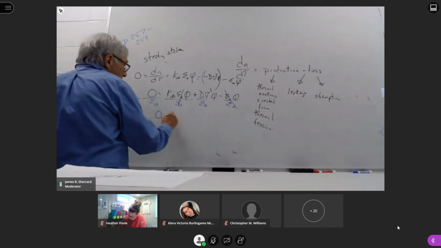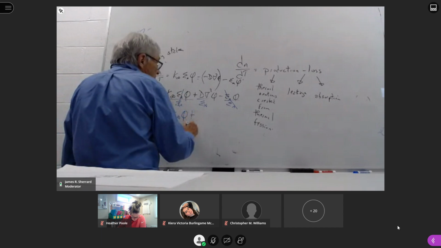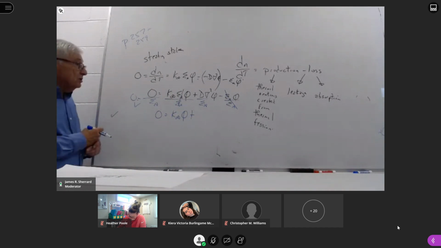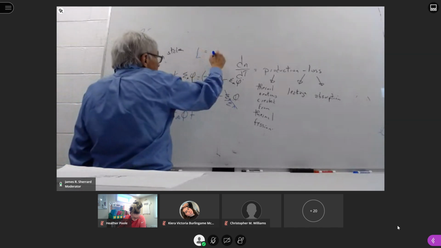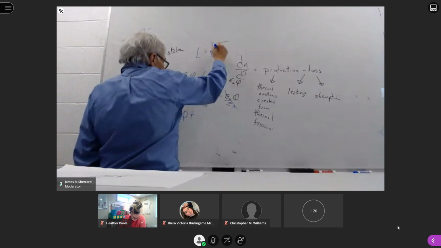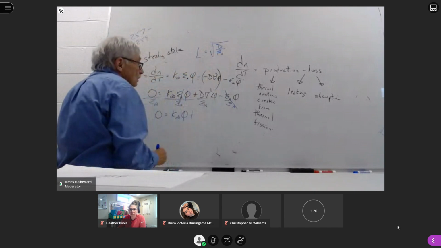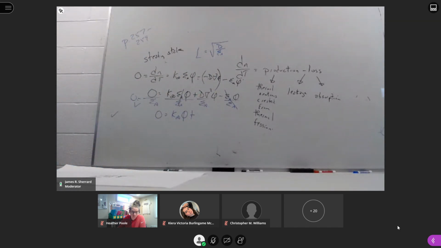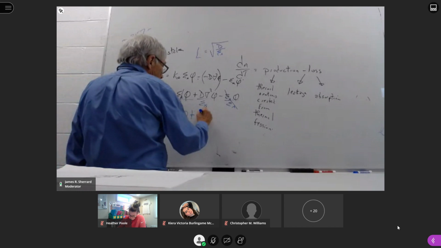So now we have 0 is equal to K infinity flux plus, and now they relate another term, which is, so this becomes, if you're following along here, L squared.